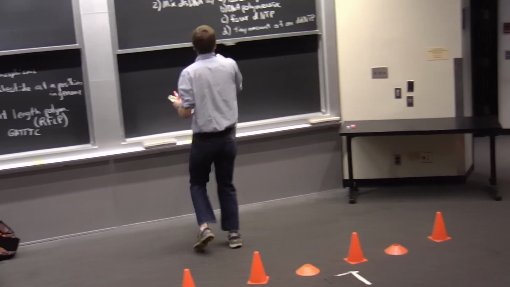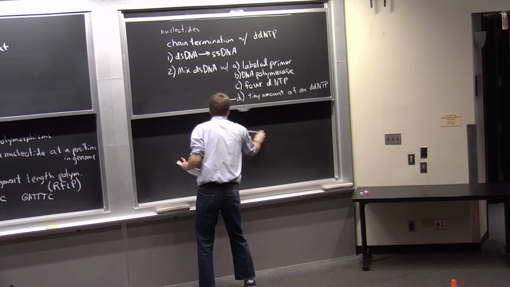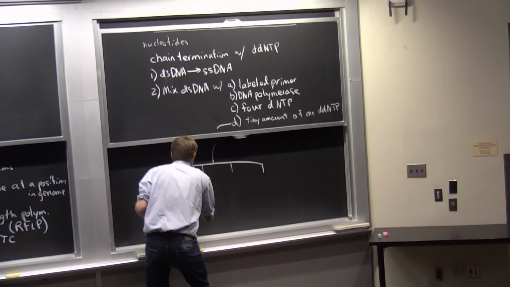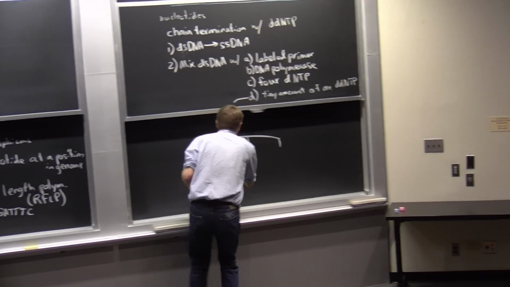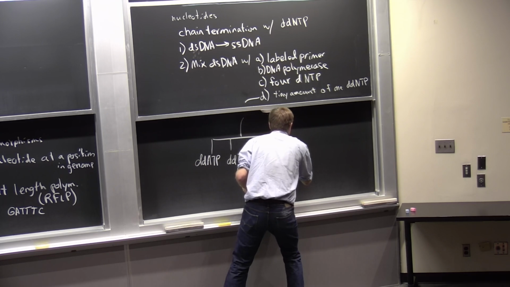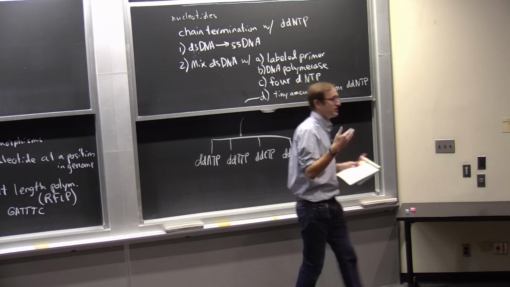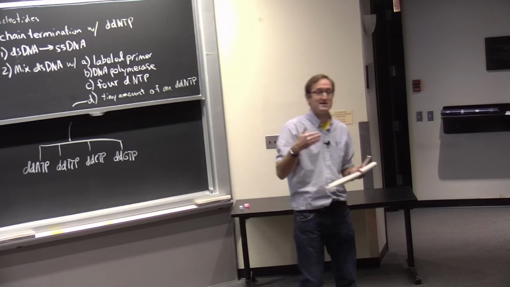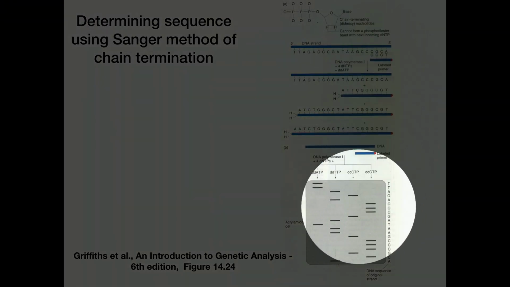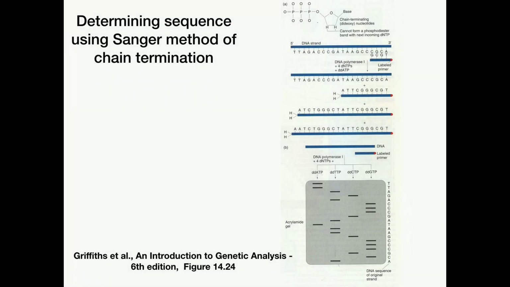So you're going to do 4 reactions: one with dideoxy ATP spiked in, one with dideoxy TTP, one with dideoxy CTP, and the last with dideoxy GTP. Because these nucleotides are present in different positions along the sequence, you're going to get a distinct banding pattern for each of these reactions. Using that banding pattern, you can then read off the sequence of DNA that's present on the template strand, okay?